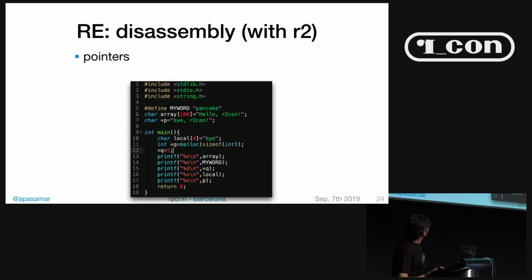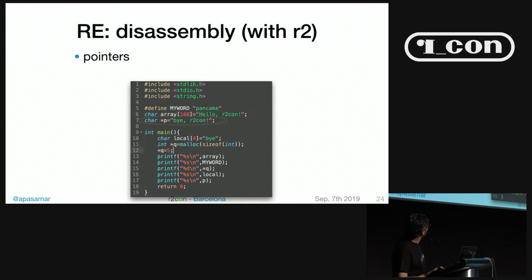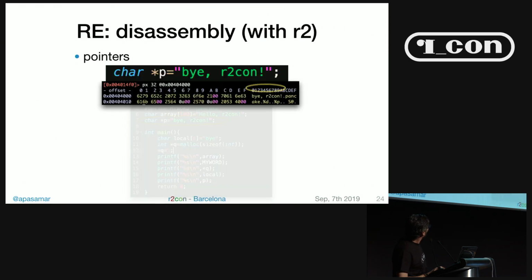So let's go on. Okay, this is another example, pointers. This is the same example as before, and we have this string in .rdata. Because it has this null character at the end, this is a char pointer. That means that p points to the first char of the string, not to the string itself.